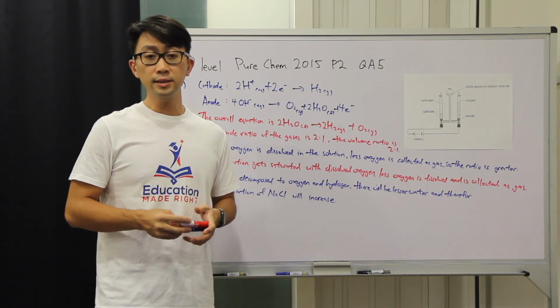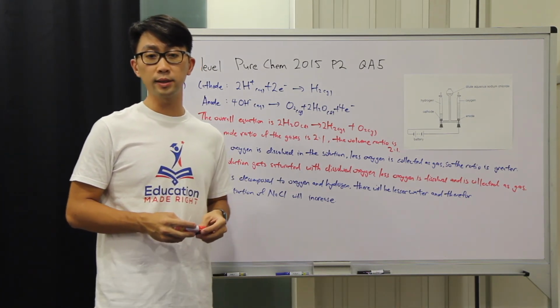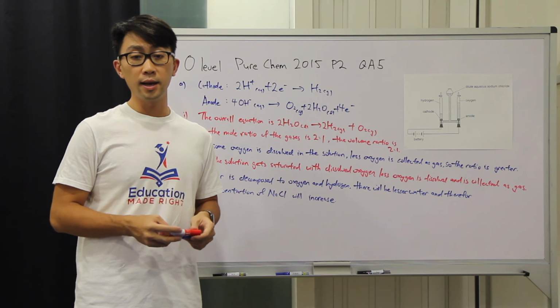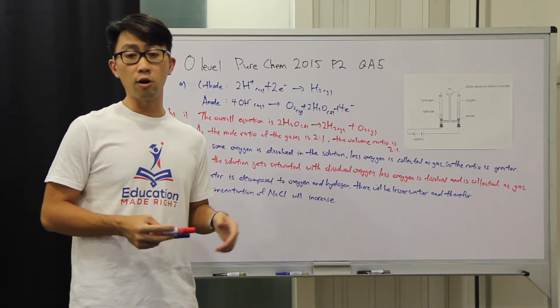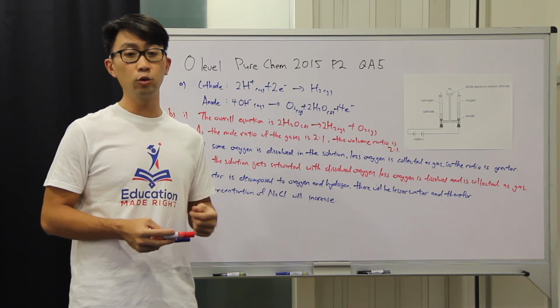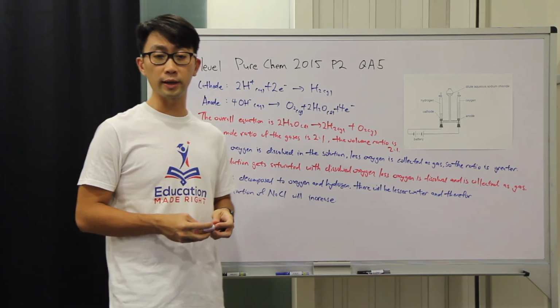The same apparatus can be used to electrolyze concentrated aqueous sodium chloride. Give one similarity and one difference between the products of the electrolysis of dilute and concentrated aqueous sodium chloride.